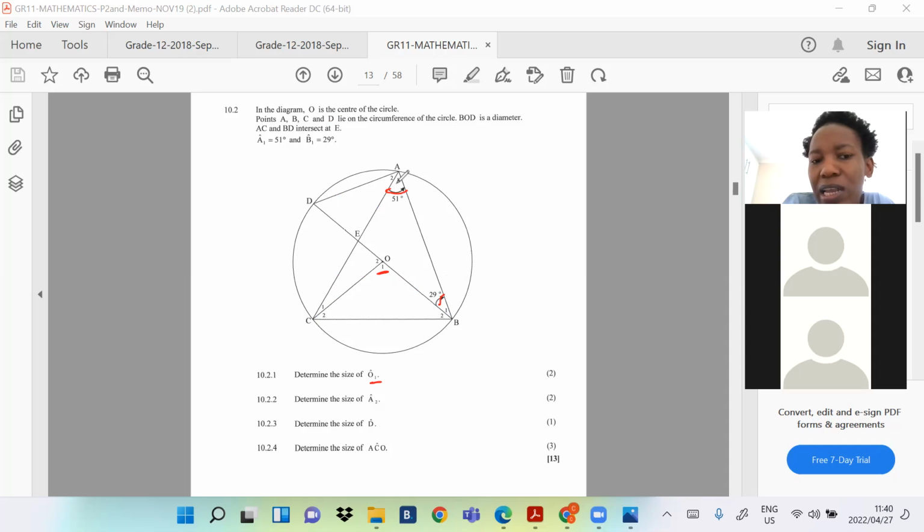Yes. Then you pick that up. Then they want A2. Can you relate A2 with the information you already have? If it's not straight away, you check the other things they gave you. They gave you a diameter, so you add them up, they give you 90 degrees. Right, let's move on.